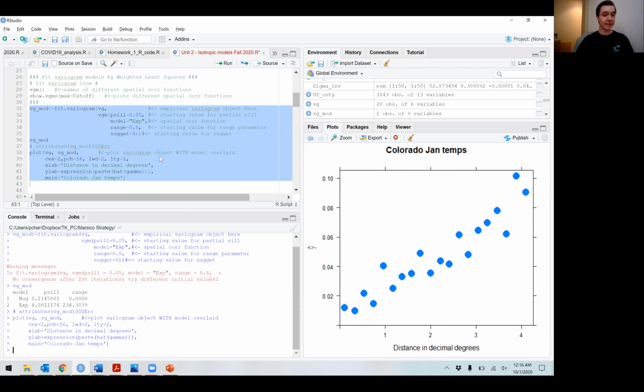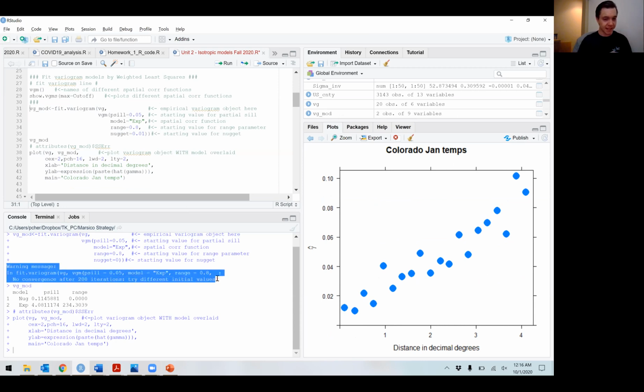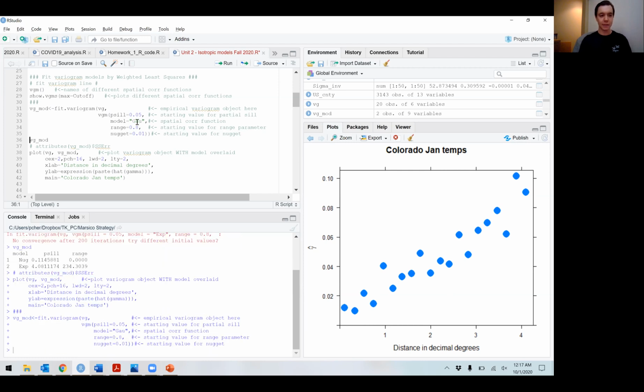Oh, and it looks like it didn't converge. So this is perfect, because it gave me a warning that my least squares fit did not converge for the exponential. What I'm fitting my exponential model to is what I have here on the right. Remember, the exponential is going to be linear near the origin, and it refuses to fit a line through the origin. So I can try the Gaussian there, and now it converges.